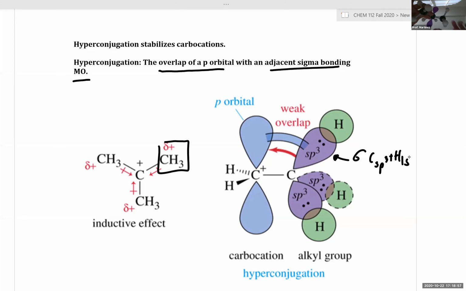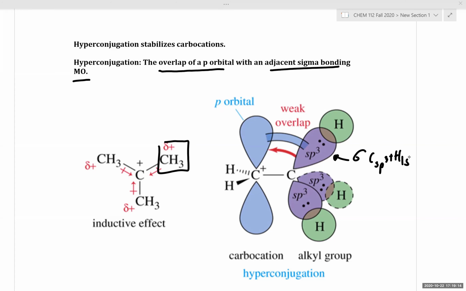This weak overlap that occurs with each of our adjacent sigma bonds on each of our adjacent substituents can in turn allow donation of electron density into our p orbital.